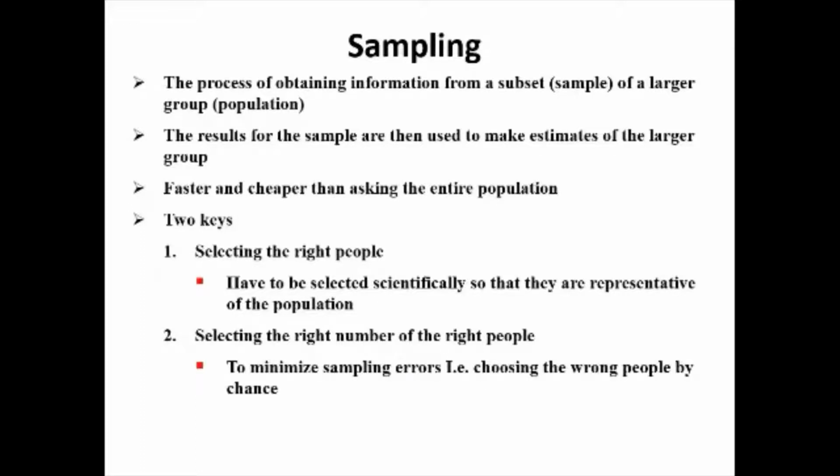After selection of the sample, we distribute the questionnaires or collect the information from the sample, and the main purpose of sampling is generalization. Generalization means you collect the opinion from the sample and you generalize it to the whole population.